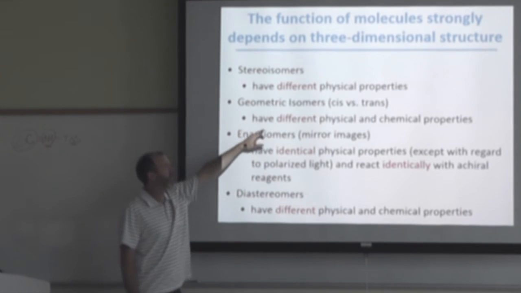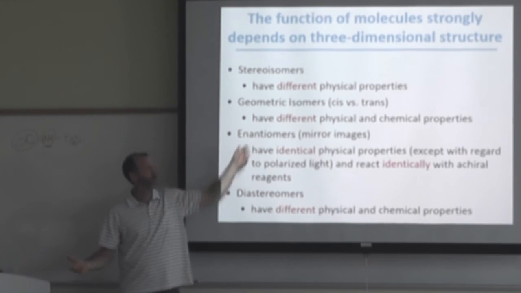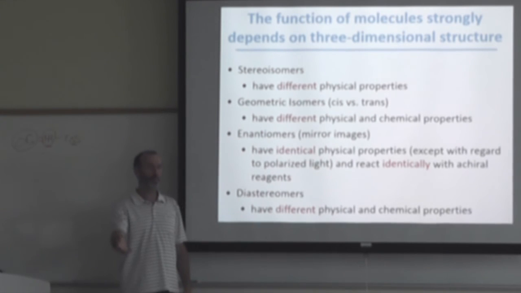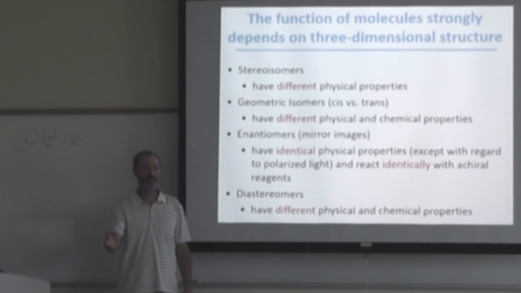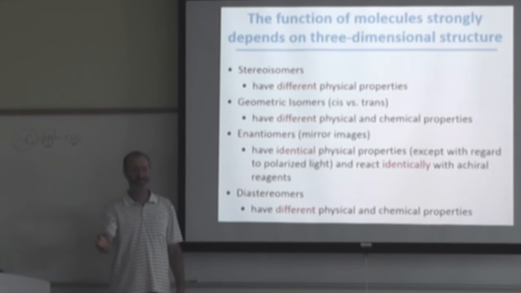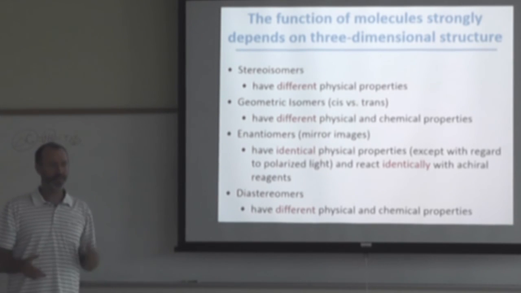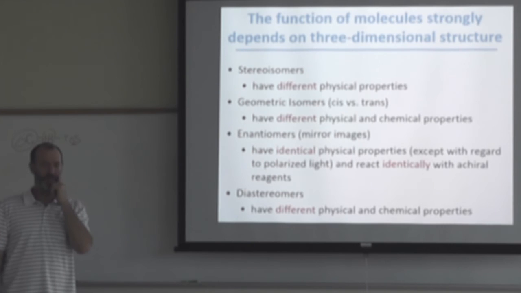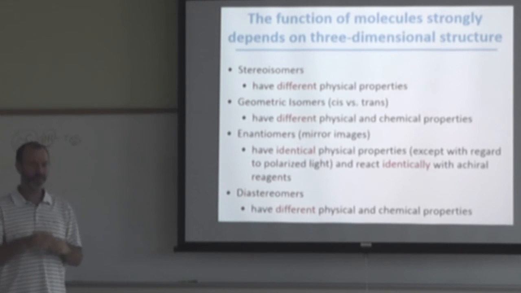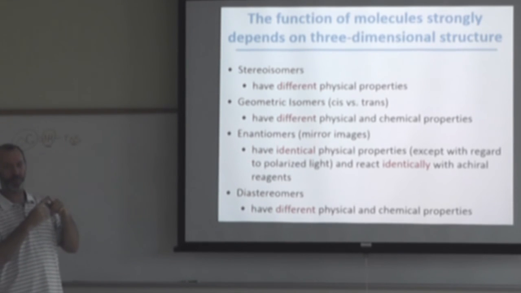You've got geometric isomers, we all know that. Cis versus trans. You guys familiar with retinol? Vitamin A. I think 11-cis retinol is the pigment that's used in your eyes to absorb light. When that vitamin A absorbs the light, you remember the cis form of a molecule is the higher energy form.